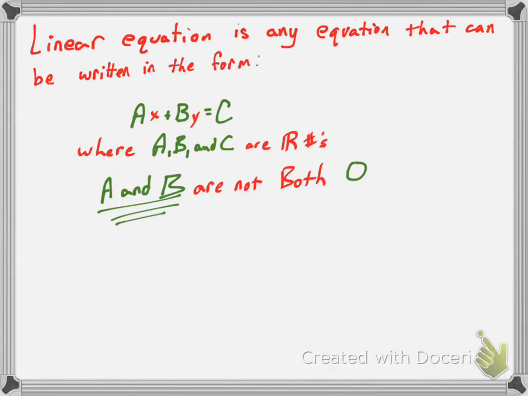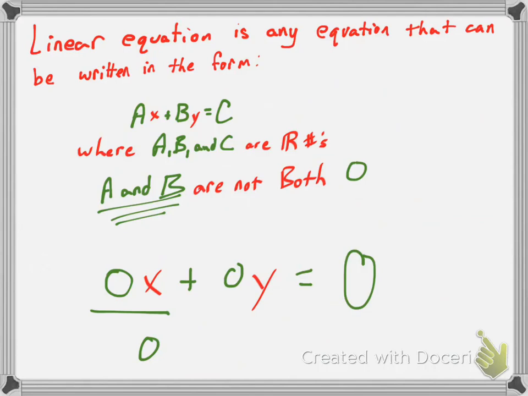All right, so let me show you why. If a was 0 and b was 0, then what would happen would be that c would end up being 0 too, because 0 times x is 0, plus 0 times y, which is 0, would have to equal 0.